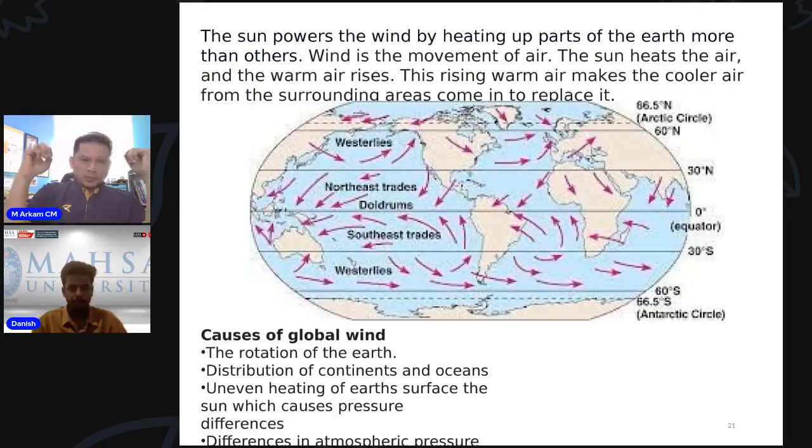Wind also moves or flows according to this concept coming from the sun as well, because some places are hot, some places are cold, so the wind is flowing in a direction that we can understand. So in our equatorial line, zero here, the wind comes from a lot of directions. It's unpredictable. It's coming from multiple directions.